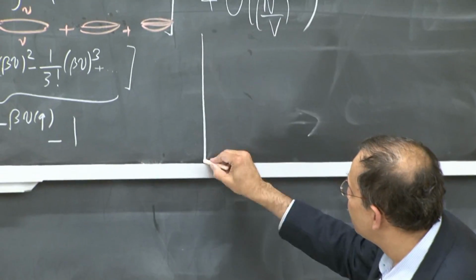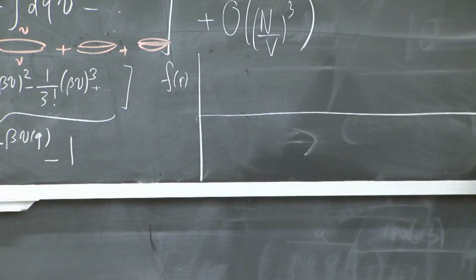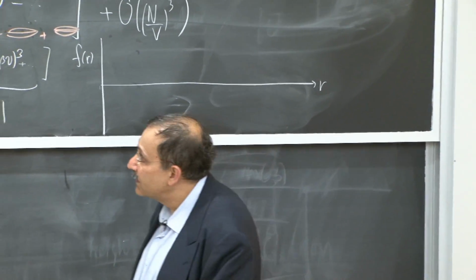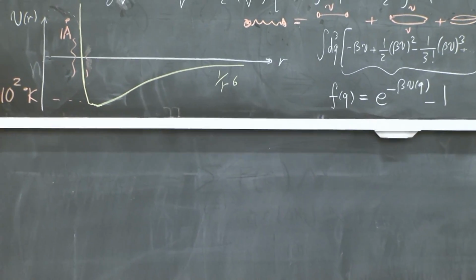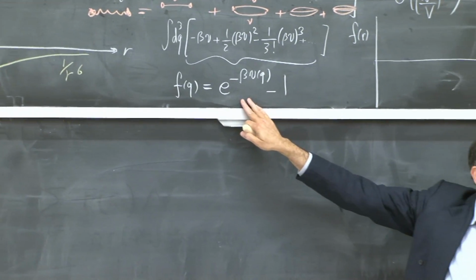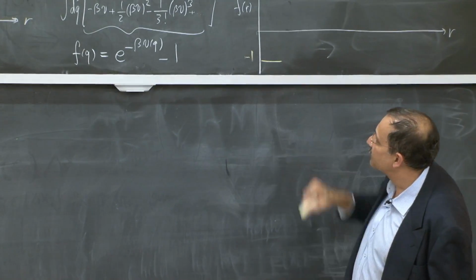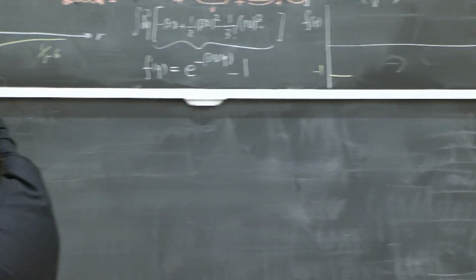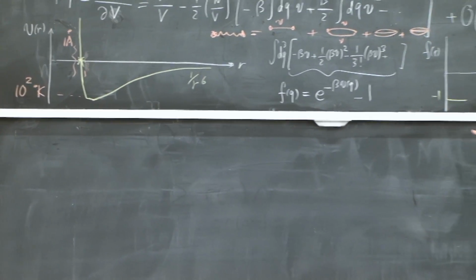So let's see what this f of q, or correspondingly f of r, looks like as a function of r. Okay? So in the range that I have my hard core, and v is large and positive, this is going to give me 0. So the function is minus 1 down here. At exactly whatever point it is that the potential is 0, then f is also 0.